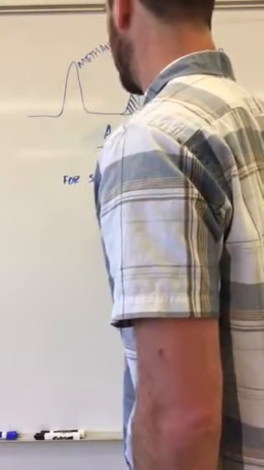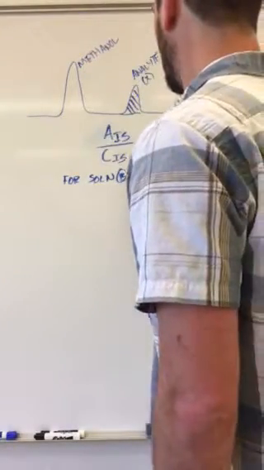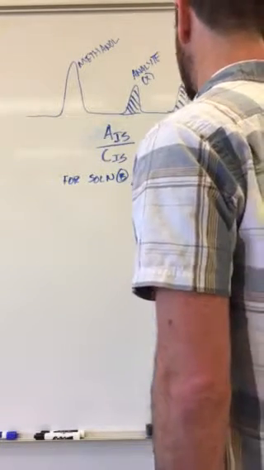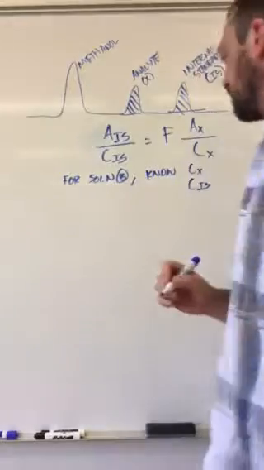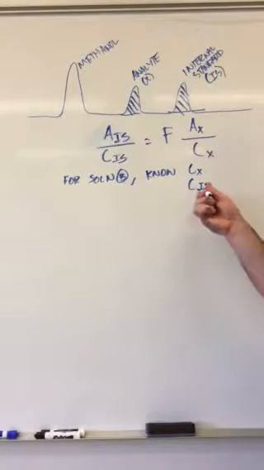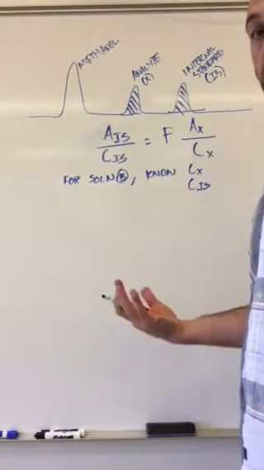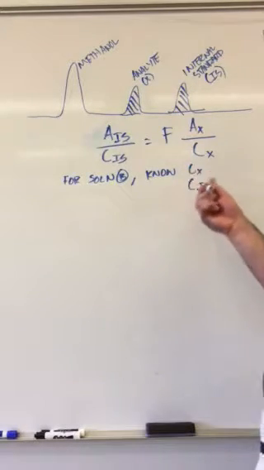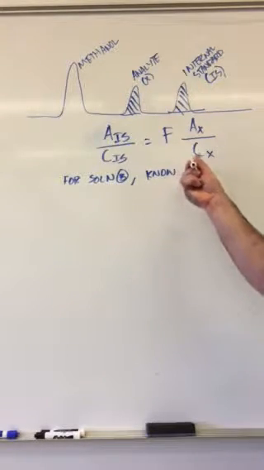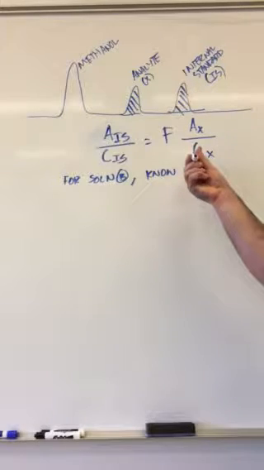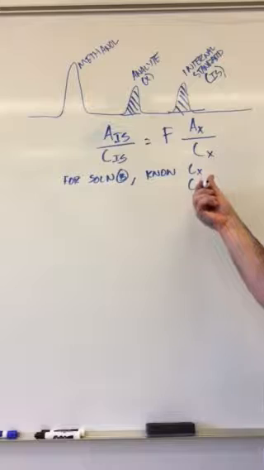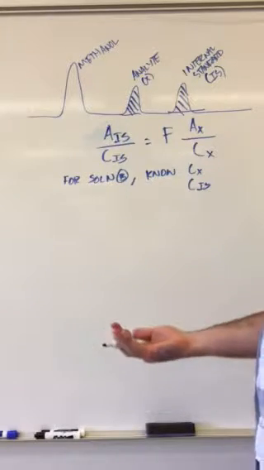And for solution C, or sorry, solution B, we know the concentration of X and the concentration of the internal standard, the concentration of the analyte and the concentration of the internal standard, because you made these from known materials, right? You added a mass that you recorded of your analyte, and you added a mass of the compound that you picked as your internal standard, and you know how much methanol you added.